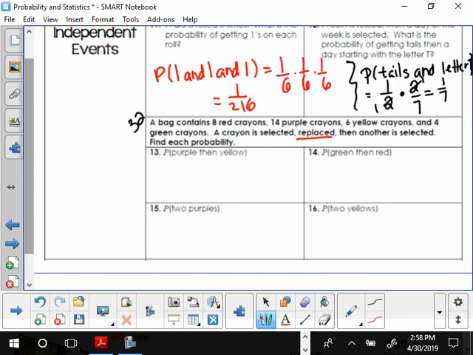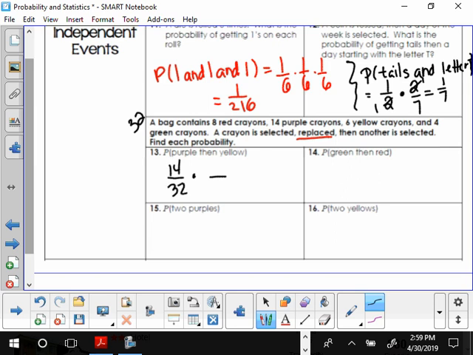Please underline the word replace. Because when we replace them, most of the time that means what we're doing is going to be independent of each other. Okay? We're not changing our sample space because we're pulling out a crayon, looking at it, and then putting it back. So let's see what happens if we try to get a purple then a yellow. So we want the probability of a purple then a yellow. So the probability of a plain old purple is 14.